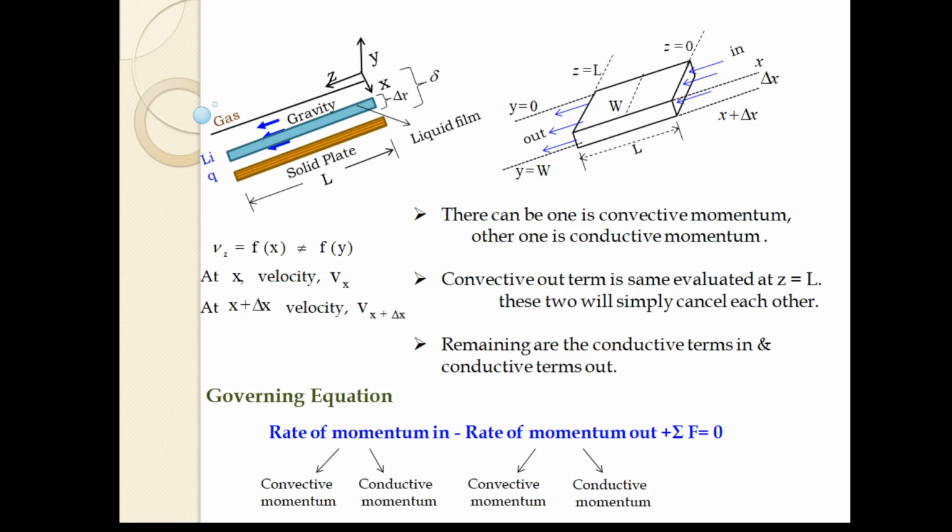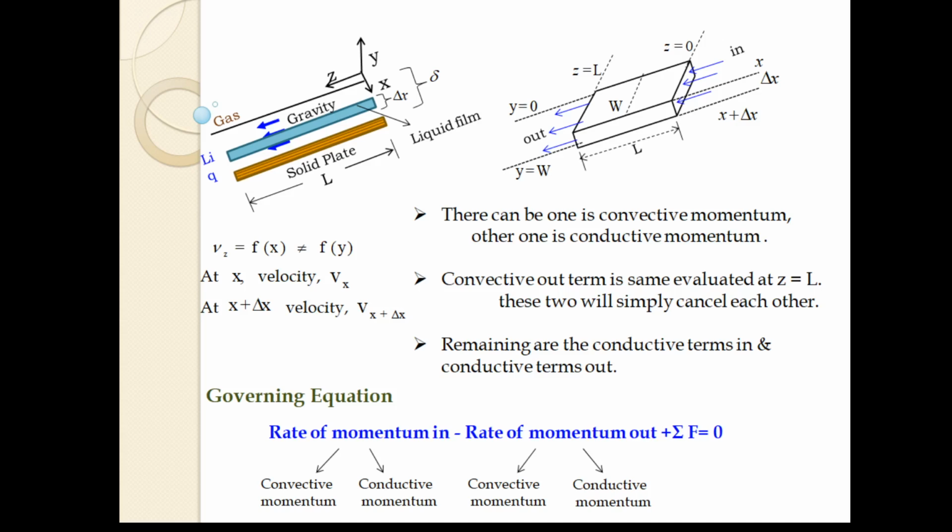Whenever there is a tau term, that is the conductive transport of momentum, and whenever there is a velocity term, that is responsible for the convective momentum. So we have convective momentum in and out, conductive momentum in and out, plus the summation of all forces acting on it. What are the forces? The body force, that is gravity, and the surface force, the pressure gradient.